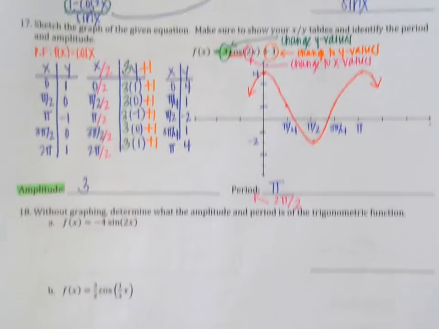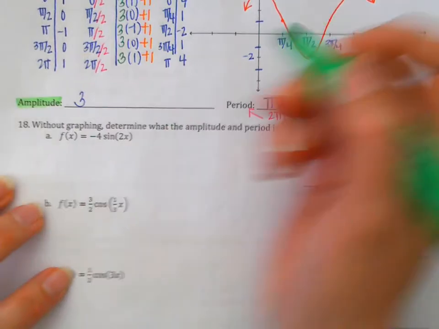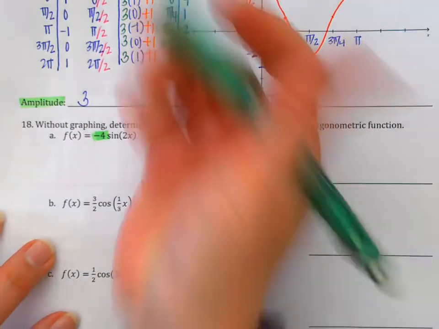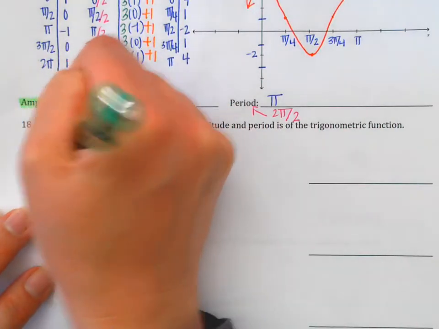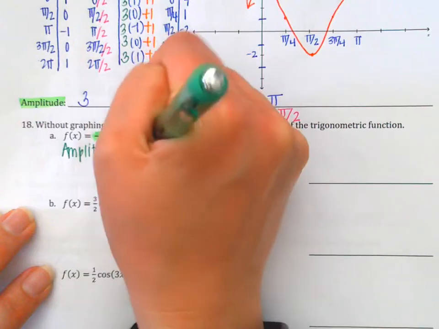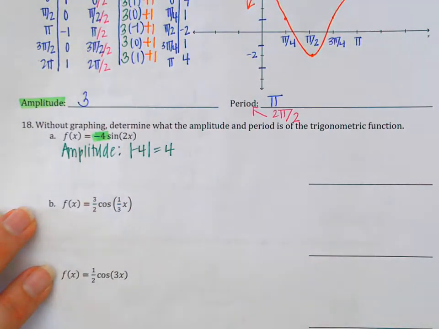Okay, so 18, the last one, just says without graphing, determine what the amplitude and period is of the trigonometric function. So the amplitude is always looking at the absolute value of A. So my amplitude, if we're looking at A here, well, the absolute value of -4 is 4. So my amplitude is going to be 4.